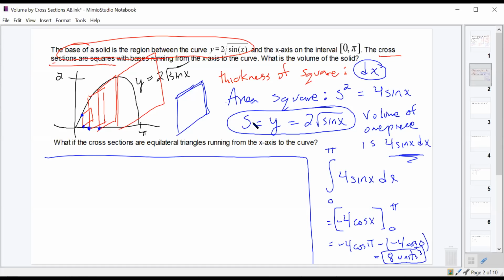And so our side length is 2 root sine x, which tells us that the area is that squared, or 4 sine x. To find the volume of a tiny little square prism, you take the area of the square and multiply it by the thickness, so that's 4 sine x times dx. All right, thank you. Any other questions on that?